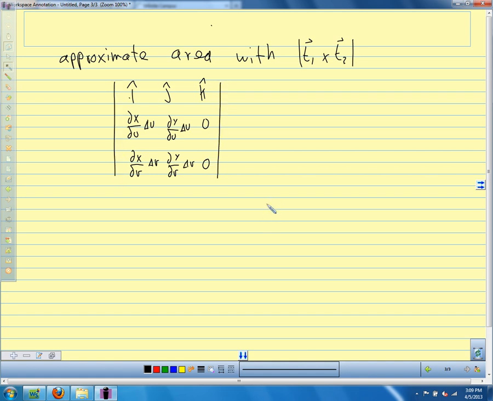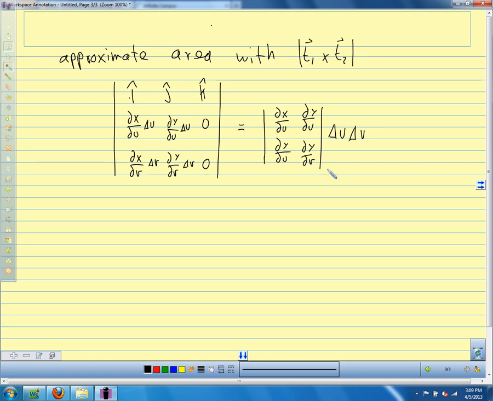When we form this cross product, we end up with the approximate area of that parallelogram in the xy plane being our Jacobian times delta u and delta v.